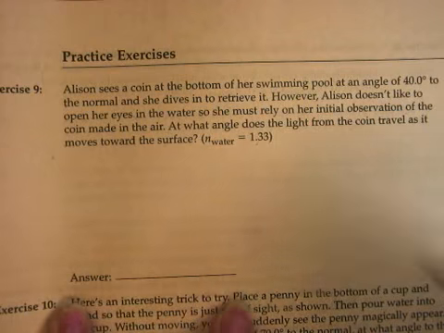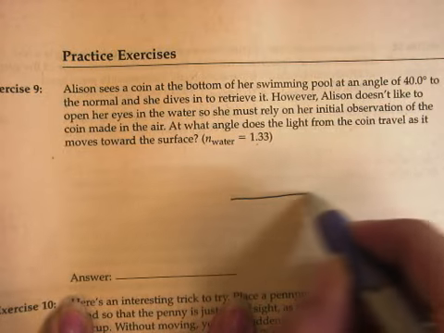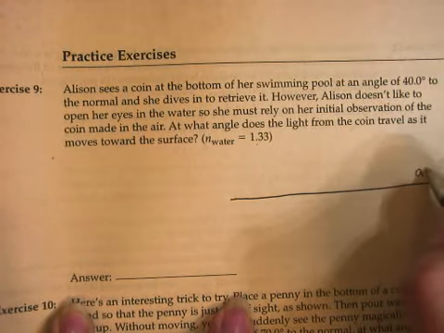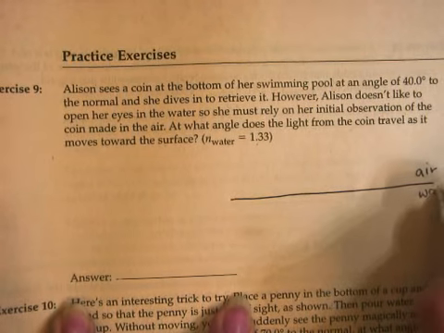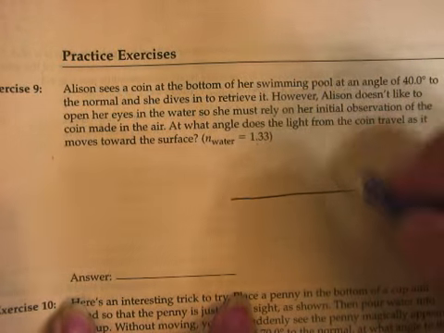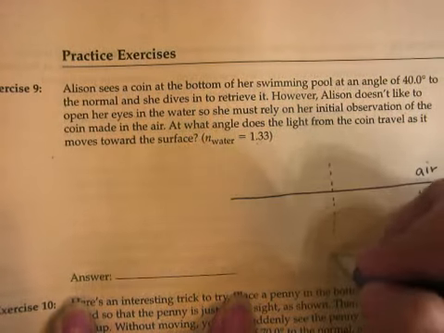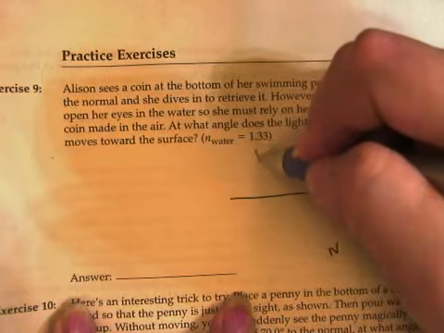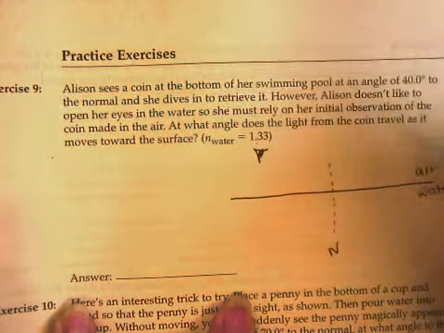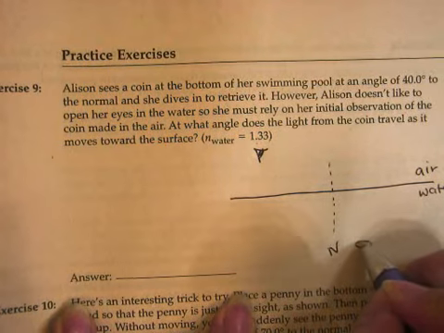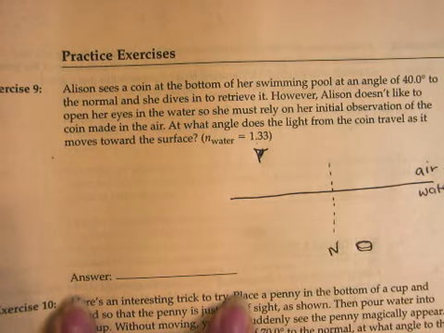All right, it helps if you draw a little sketch of what's going on here. So here I have the air. Here's my water. Always, always, always draw in your normal. And here's Allison's eye, looking at a coin down at the bottom of the pool.